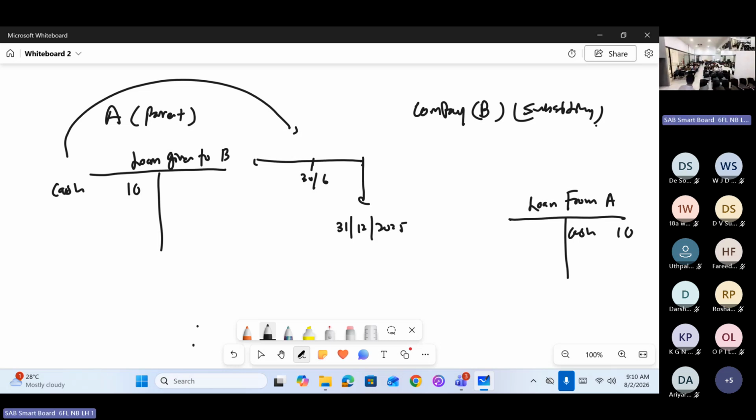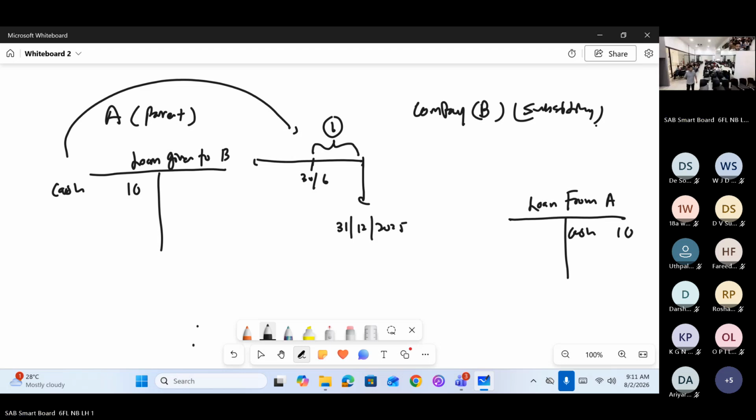So interest should be accrued for only 6 months. Have you paid it? Not paid, because it is payable after 12 months, but you should already accrue the interest for 6 months.